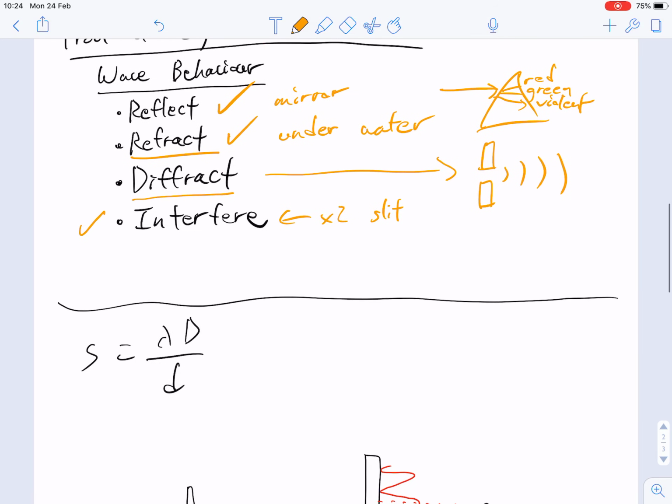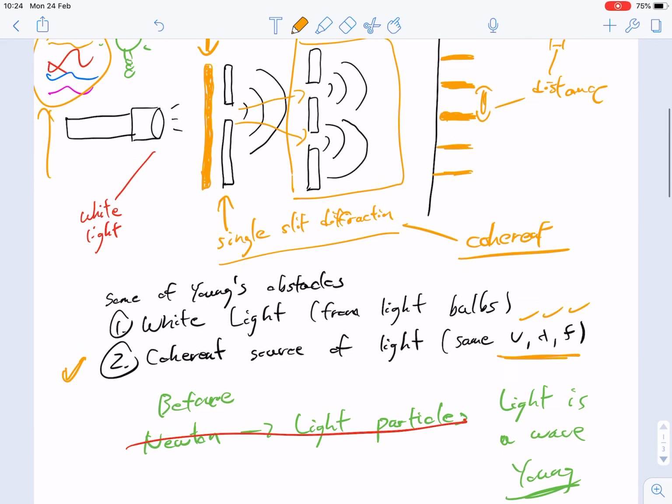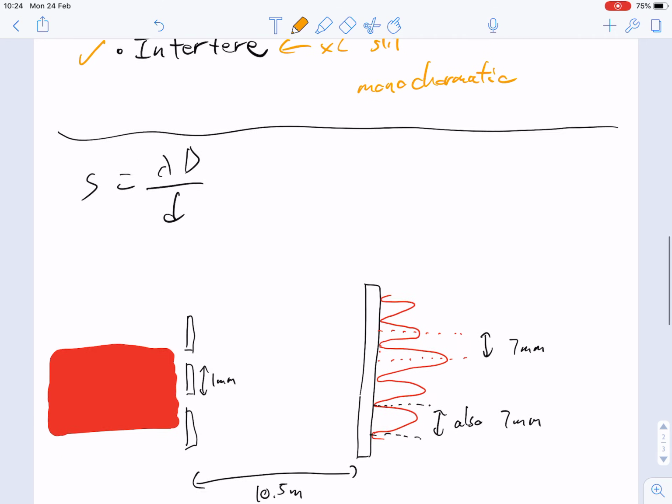And that was sort of the final piece of Young's puzzle, using monochromatic light, because an interference pattern was kind of observable without a light filter, but it wasn't as clear.